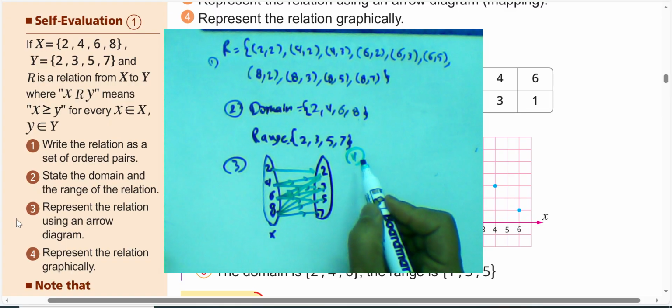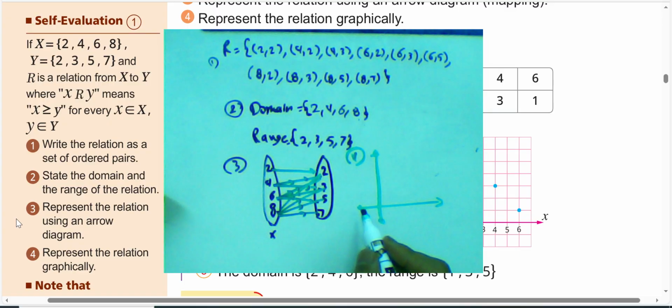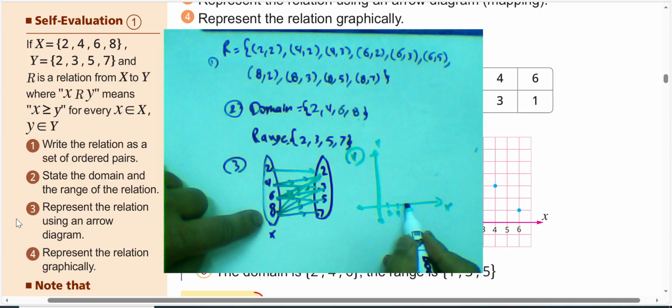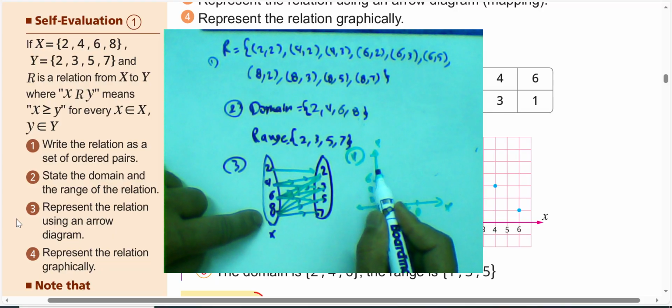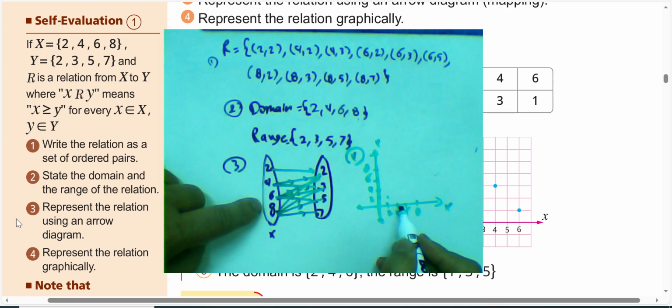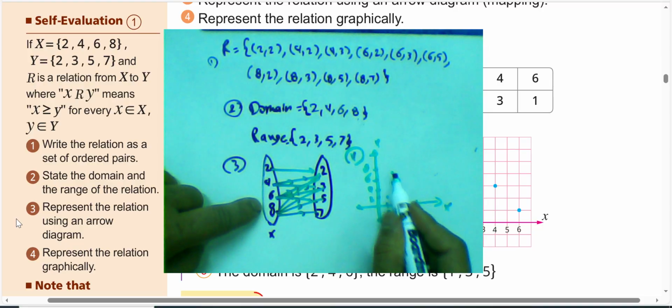Question number 4, he wants us to represent the relation graphically. We can draw the x-axis and the y-axis, the vertical line, like this. We start from x and second y. We have 2, 4, 6, 8, count 2, 4, 6, 8, and here 2, 4, 6, and 8. The image of 2 is 2, and 3 and 4 with 2, and 3 lies between 2 and 4, okay, and 5 between 4 and 6, and 7 between 6 and 8.